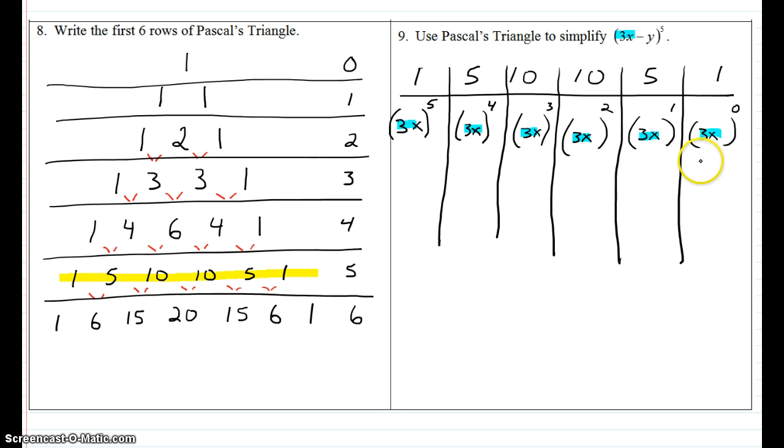So now I'm going to start simplifying on the right hand side. Anything to the power of 0 is 1. So we simplified that. 3x to the power of 1 is just 3x.